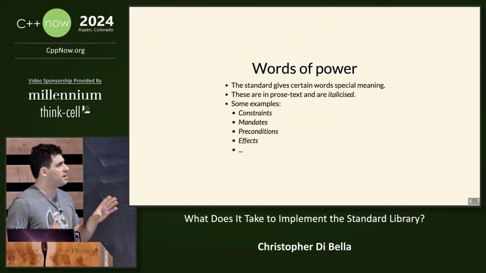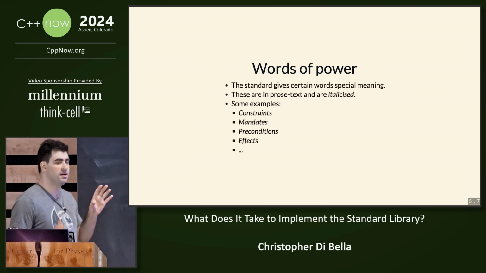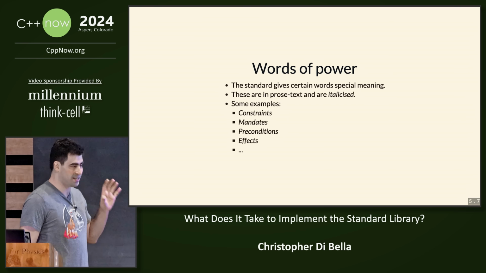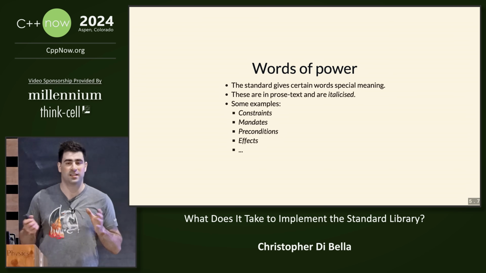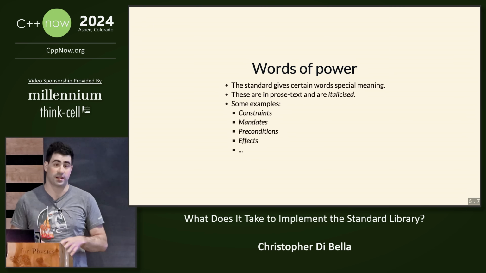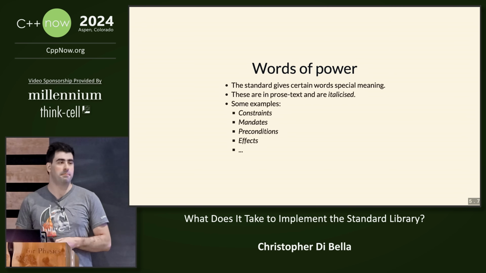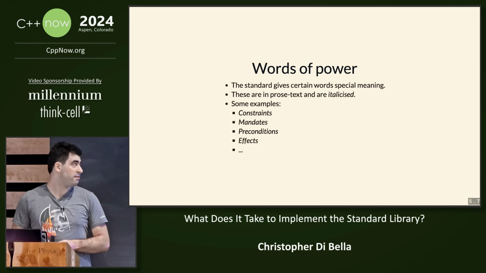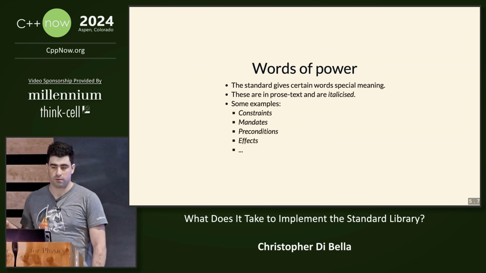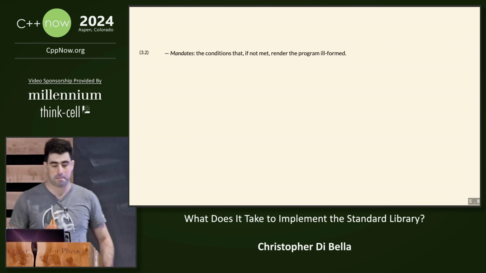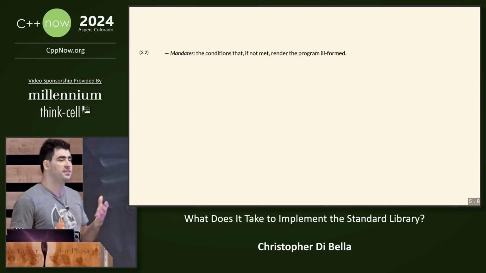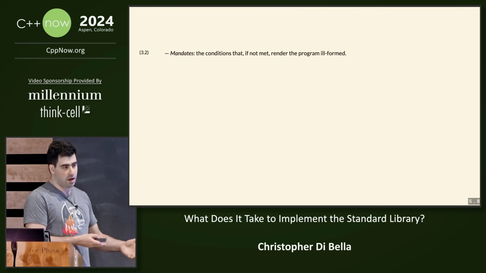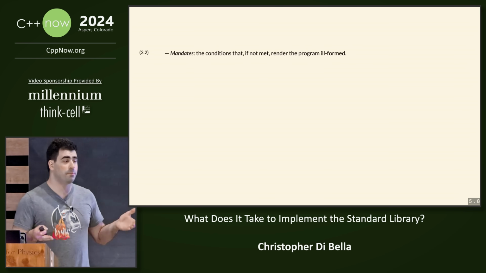So to start off with, there are certain words of power in the standard, and these words of power are effectively things in prose that are italicized to indicate, hey, this is a word of power. And it means that it's got more than the dictionary definition of what the word means. So there are a handful that I've put on screen. We'll focus on two of them for now. The first being mandates, which says that if the conditions outlined are not met, the program will be ill-formed.